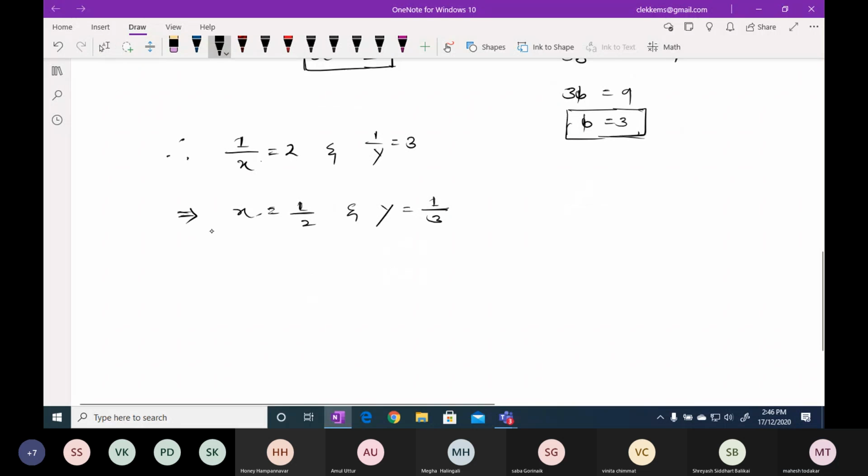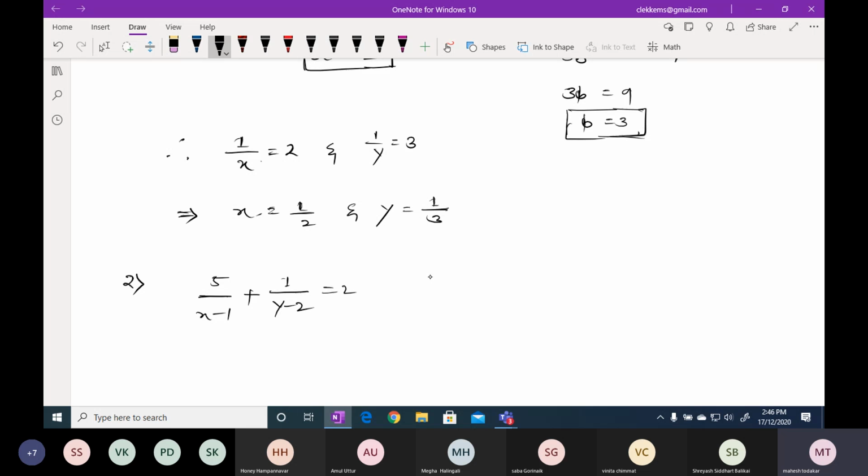Now, example 18. So let me write it, the second one. Solve the following pair of equations by reducing them to a pair of linear equations. First, 5 divided by x minus 1 plus 1 divided by y minus 2 is equal to 2.